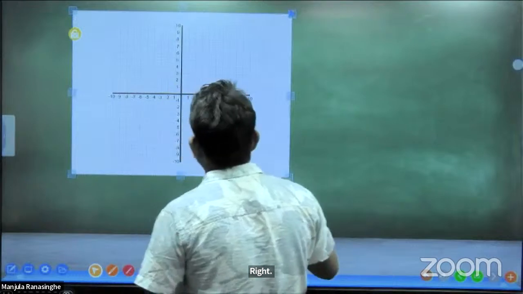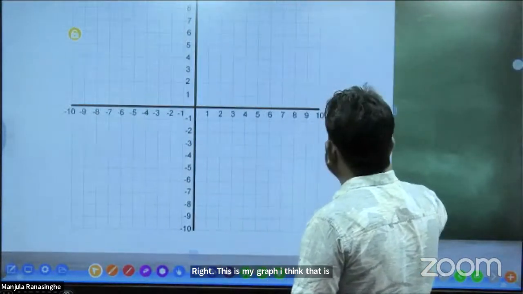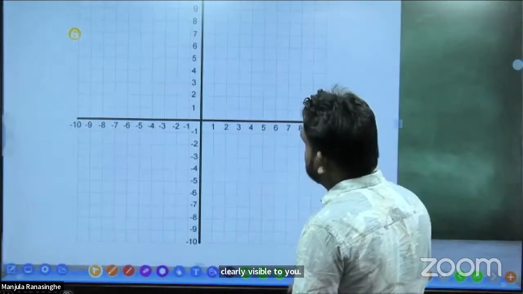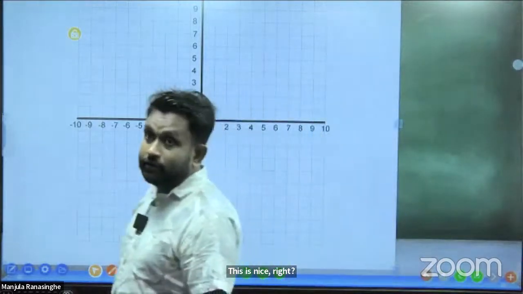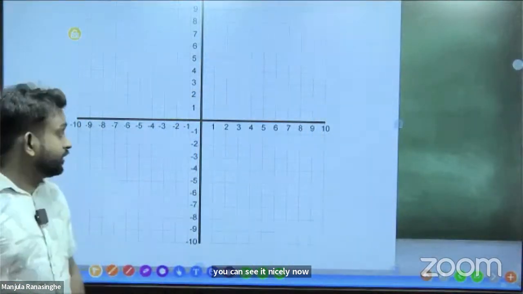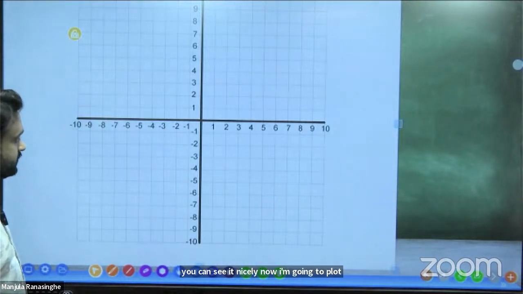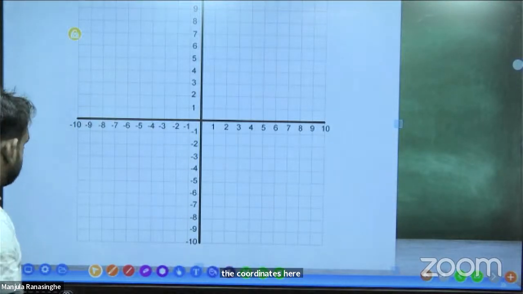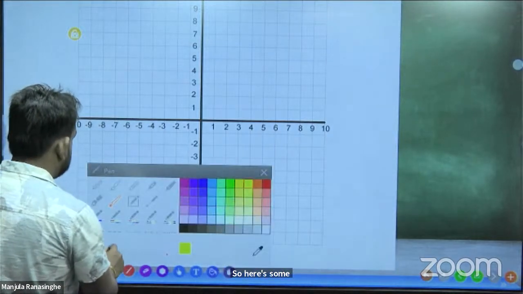I think that is clearly visible to you. This is nice, right? You can see it nicely. Now I'm going to plot the coordinates here carefully. See everyone, some incomplete things are there.